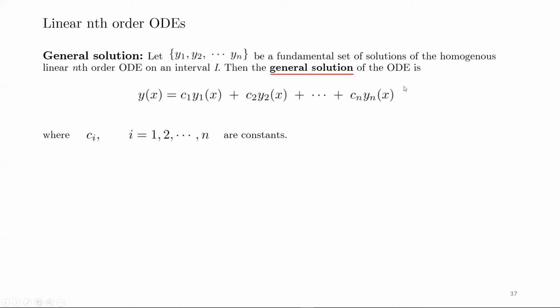And by the superposition principle, this general solution is guaranteed to solve the original ODE. Again, c1, c2, and so on are just constants. So the point is we need a fundamental set to form this general solution. Okay, so let's look at an example.